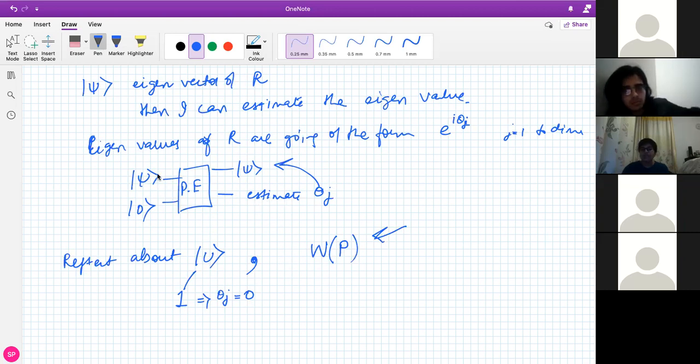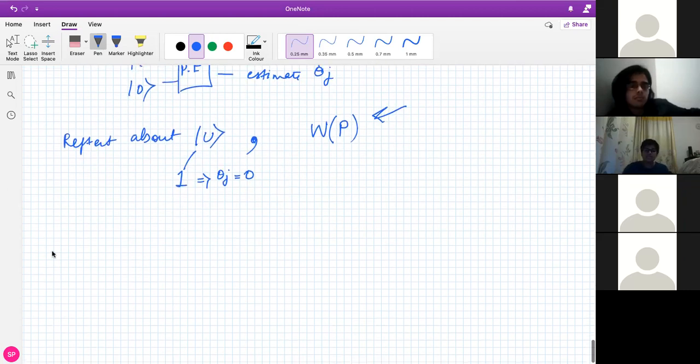But if I got some U perp, then I should get some other theta value. So I can always use this phase estimation algorithm and estimate whether my vector is U or U perp. And conditioned on whether it is 0 or not, I can put a phase. If it is 0, I don't put a phase. If it is non-zero, then I put a phase.